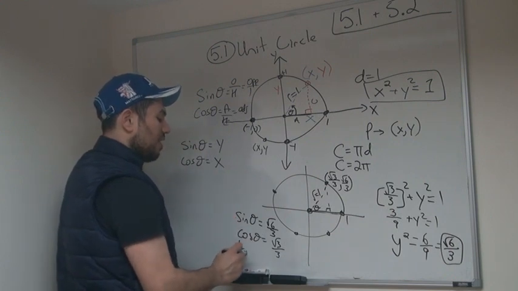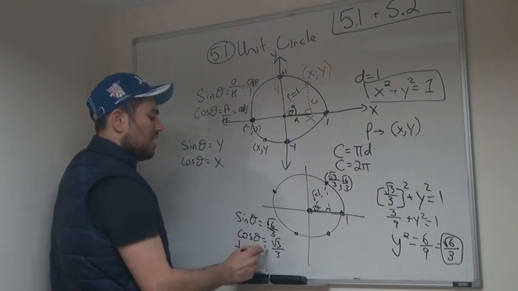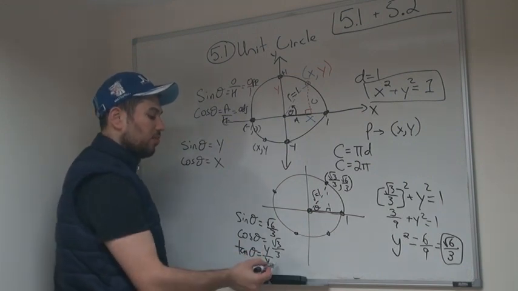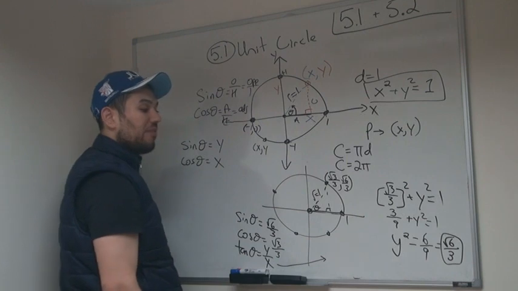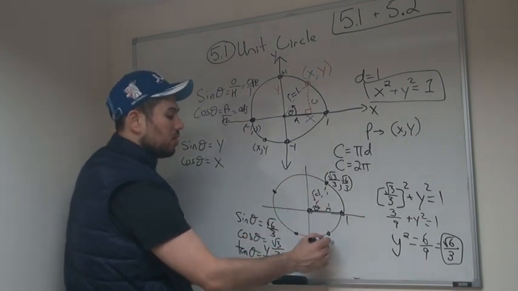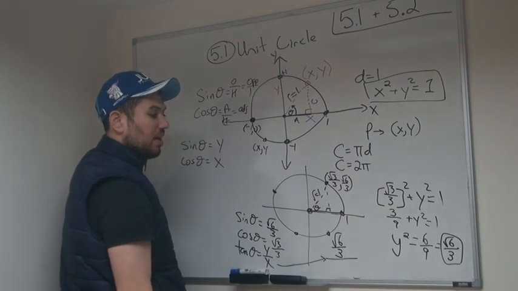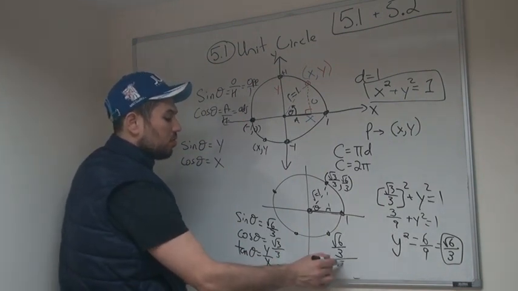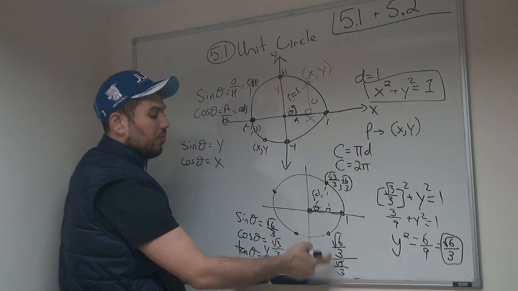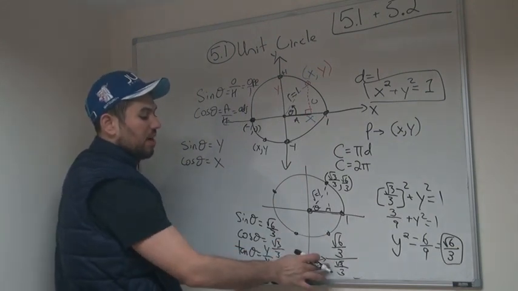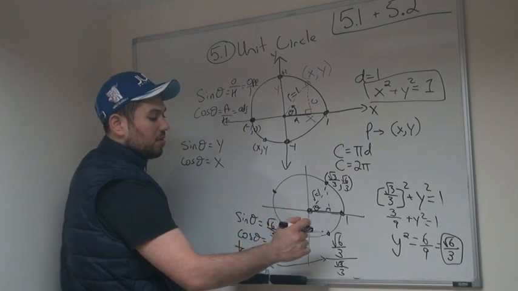What would the tan of theta be? The tan of theta is the y value over the x value, as we discussed in section 6.3. So I could find the y value, which is root 6 over 3, and divide that by the x value, which is root 3 over 3. And we learned about complex fractions. We learned that we can divide complex fractions by multiplying by the reciprocal.